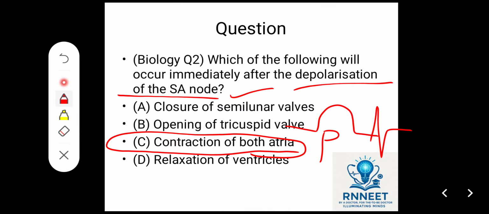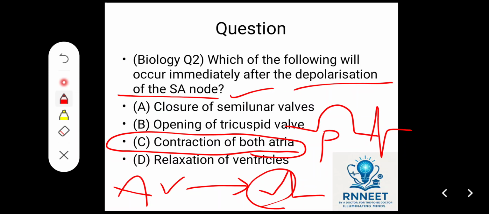If the same question was asked after the depolarization of the AV node, what would have happened? After the impulse reaches the AV node, the depolarization will pass down to the Purkinje fibers and then to the ventricle. So after the depolarization of the AV node, the QRS would have begun. That time it would have been the ventricular depolarization, and not the relaxation of the ventricles.